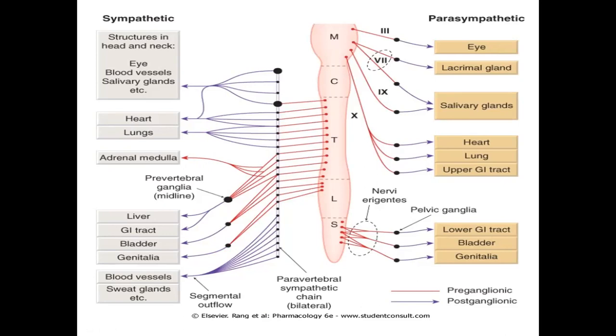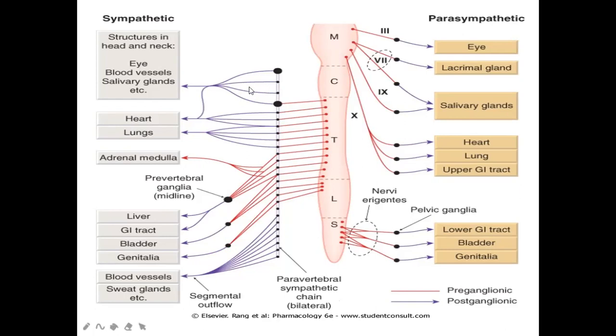When you look at the sympathetic nervous system, it is called the thoracolumbar outflow. Thoracolumbar outflow. Okay. So in this thoracolumbar outflow, there is a chain of ganglia called the paravertebral sympathetic chain, which is present bilaterally, with a lot of ganglia.